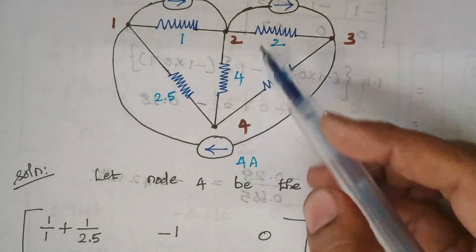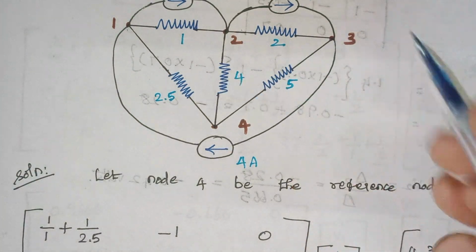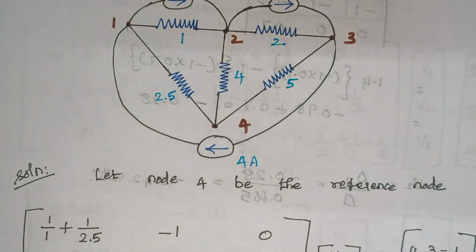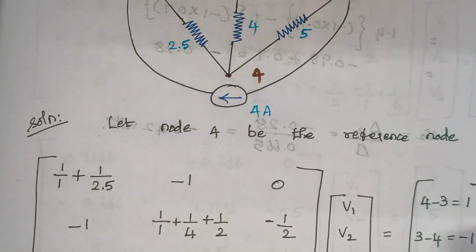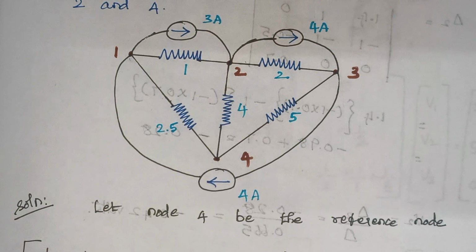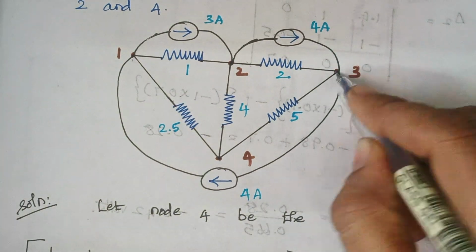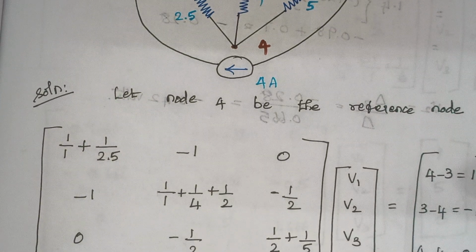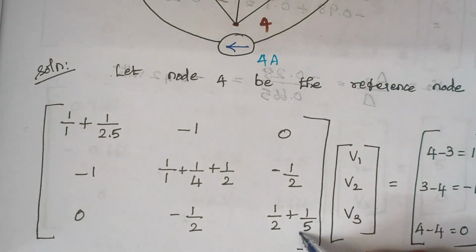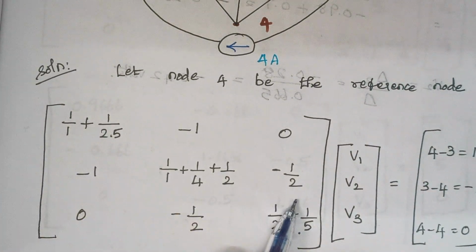Therefore, here also another resistor 4 ohm. So totally 3 resistors. So just take the reciprocal 1 by 1 plus 1 by 4 plus 1 by 2. So again when you look at this node 3, how many resistors are connected? 2 resistors are connected, right? So it is 1 by 2 plus 1 by 5. Right, now the diagonal elements are over.